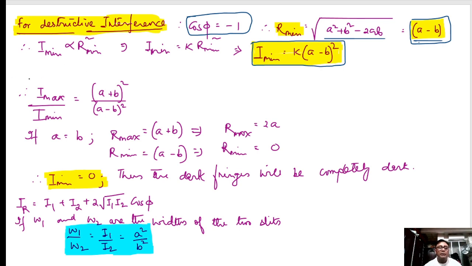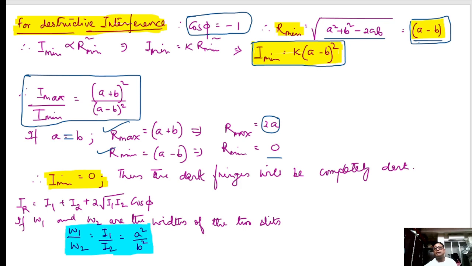That means the relation between constructive and destructive interference is this. Now if a is equal to b, that is, if the amplitudes of the two waves are equal, then R max, the resultant amplitude, will be 2a, and R min will be 0, because it is a minus b, so a minus a is 0.